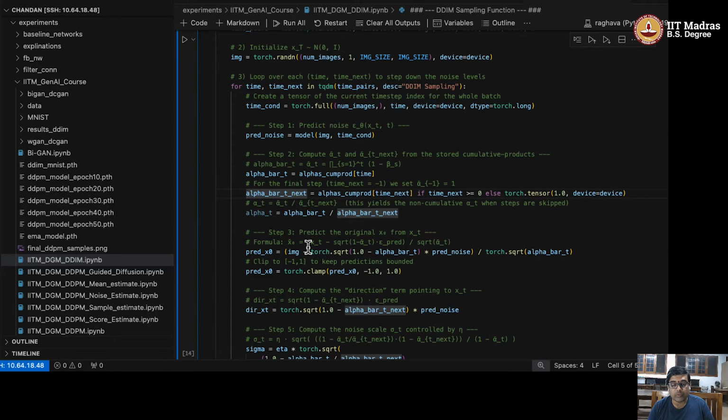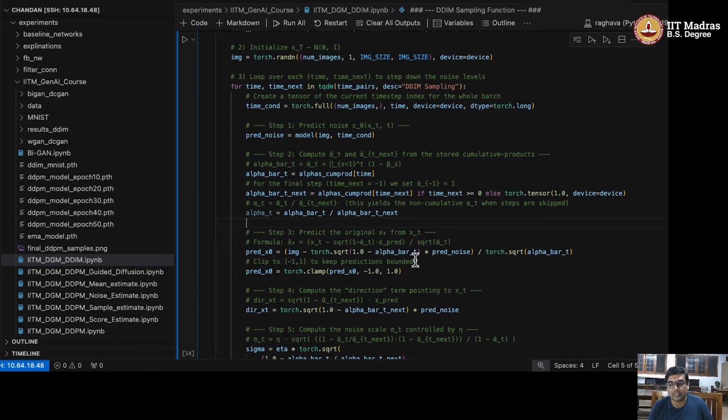Now xt, which is the image that you have, minus square root of 1 minus alpha t into the predicted noise, divided by the square root of alpha t. As you can see, that is being done: image minus square root of 1 minus alpha t. Here alpha t always means alpha bar.